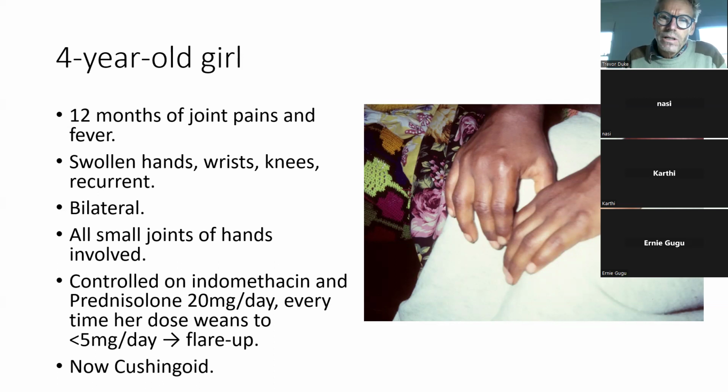And she'd become quite Cushingoid because of the long-term steroid use. I think this is a dilemma that we often face, and during this talk I'm hopefully going to speak about what we can do even when there are not the more modern medications to manage such a case, because I think mostly we can manage these cases with much lower doses of steroids and alternative medications.